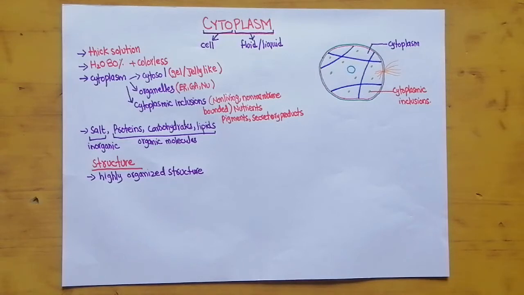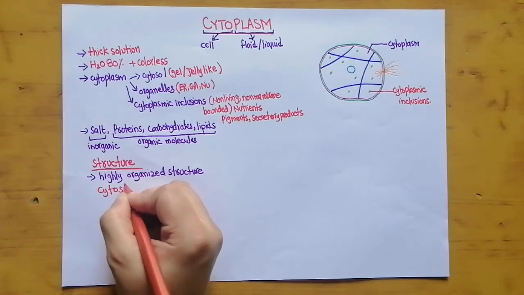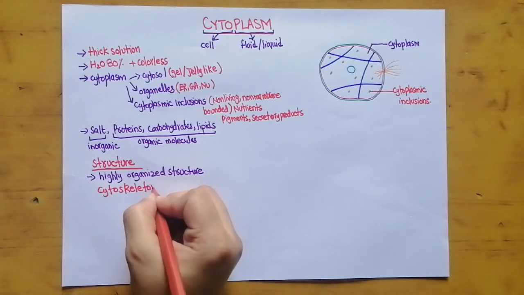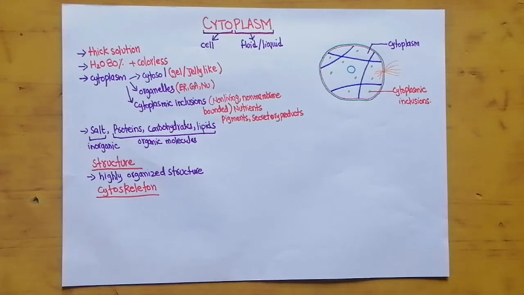Just like the bones inside the body give a shape and support to the body, similarly inside the cytoplasm, specific filaments or tubules are present to provide the shape to the cells and maintain the shape of the cell, and that is known as cytoskeleton. The cytoskeleton is actually a scaffold of protein. It means that it is made up of different types of proteins which provide support to the cytoplasm.